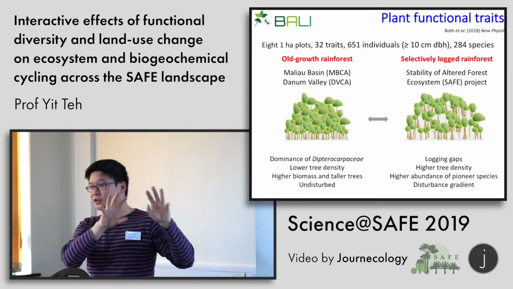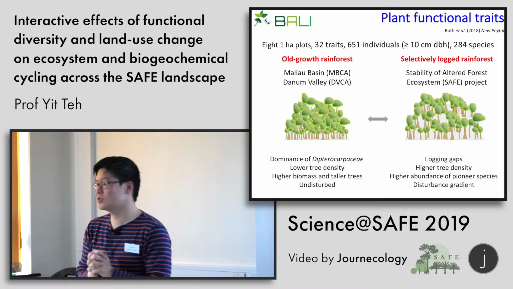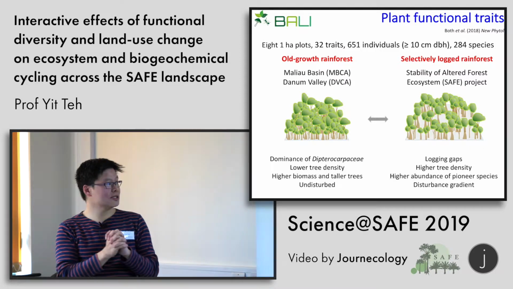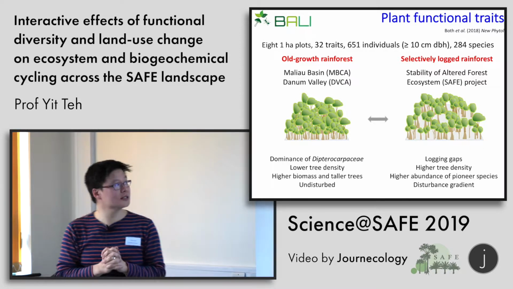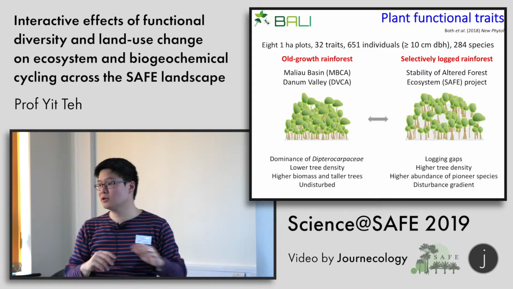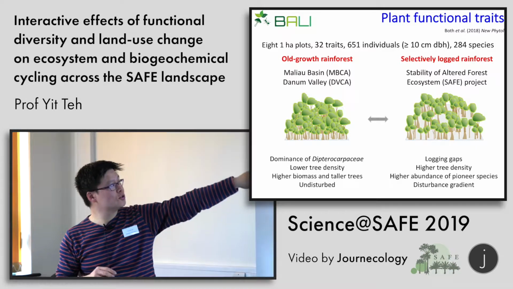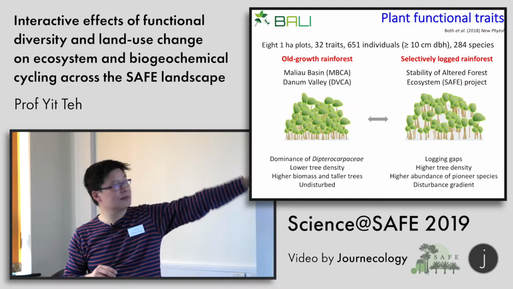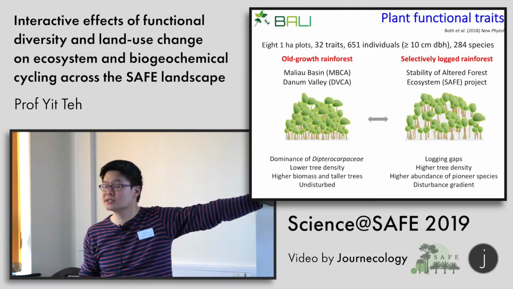One of the largest single chunks of activity was this work on plant functional traits, especially foliar traits, that Sabina and David Burslam were involved in, where they sampled all the carbon plots in addition to two in old growth systems in Malaya Basin and the newly established Danum carbon plot.